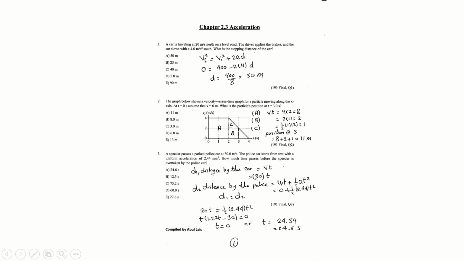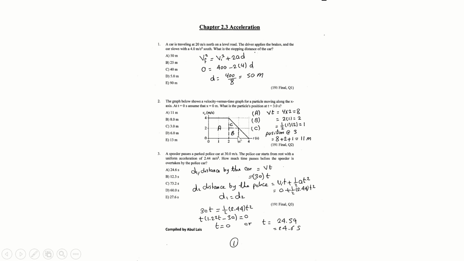These graphs are very famous, we see them a lot in questions. In this graph, the y-axis is the velocity and the x-axis is the time. What they want us to find is the particle position at 3 seconds.